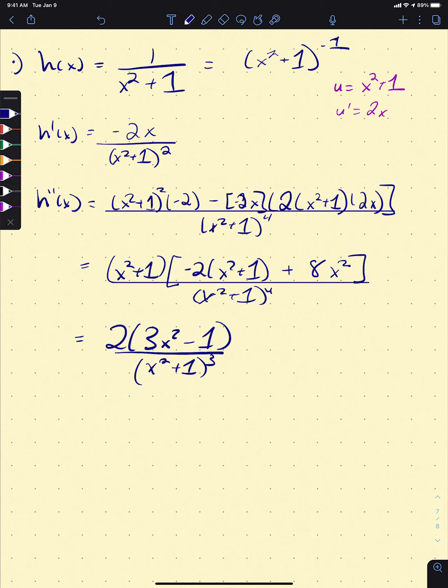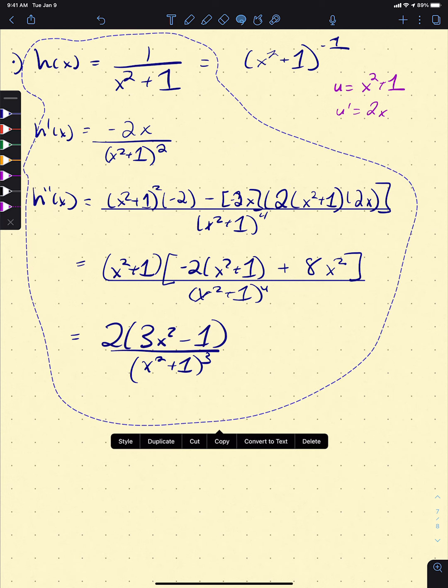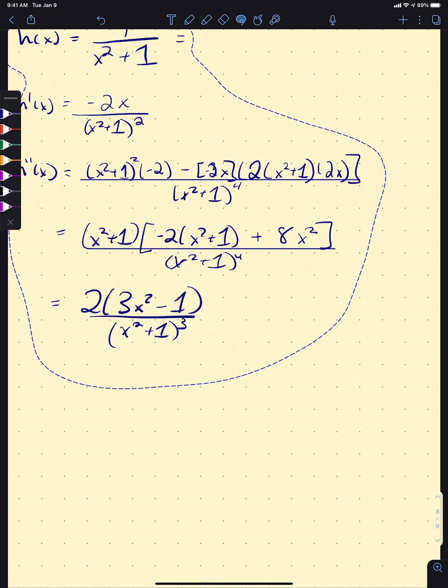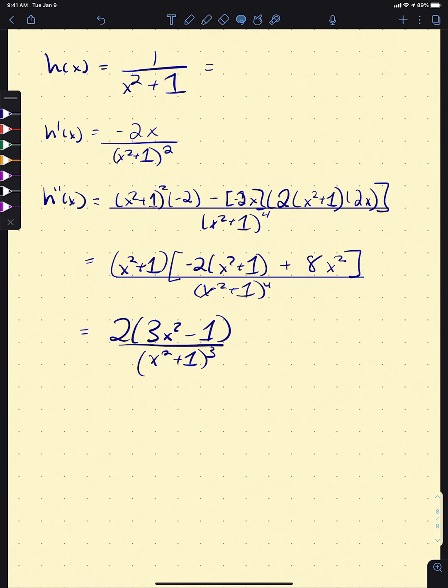And then from here, now that we've calculated the second derivative, we can start to use it. What I'll do is take this information to the next page and then clean it up a bit, so that way we can use it to actually analyze our function.